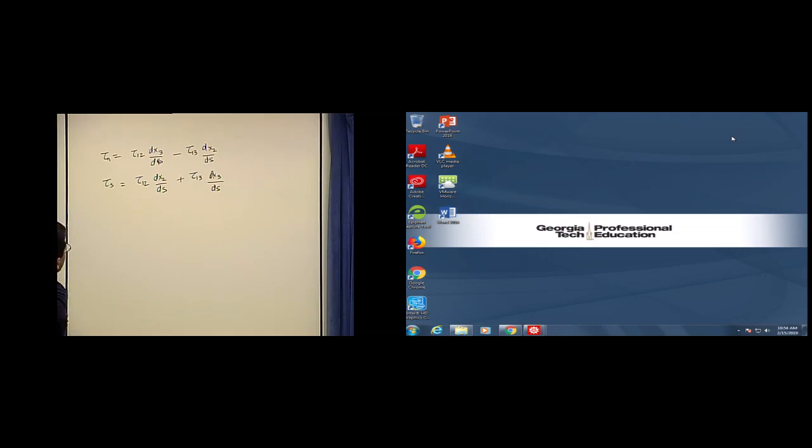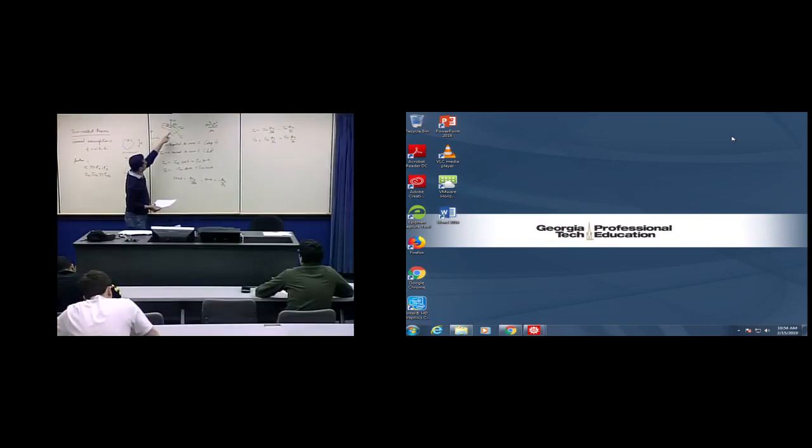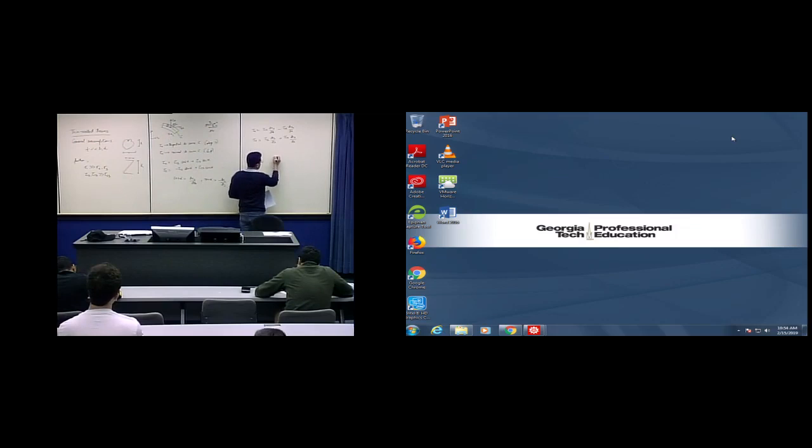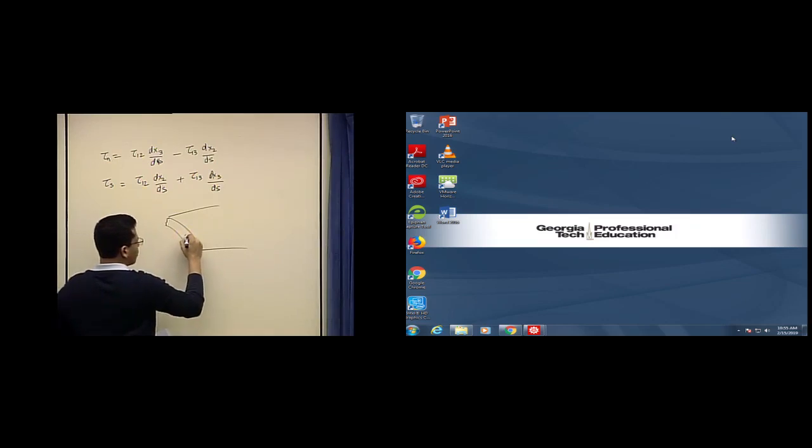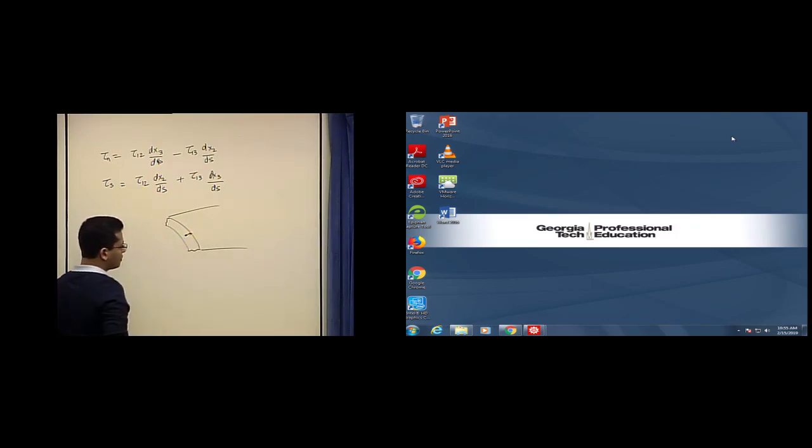Okay, so let's look at this section again. We have a normal stress and we have a tangential shear stress. So if this is my thin walled section, there is a normal shear stress in this direction.